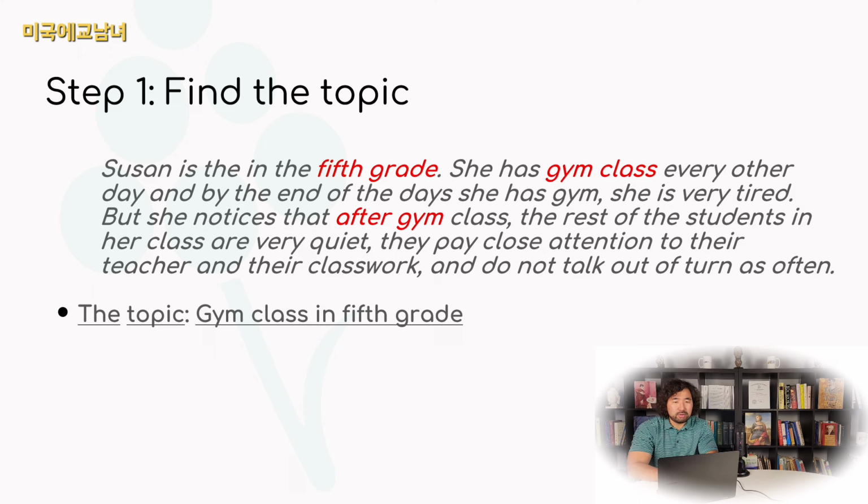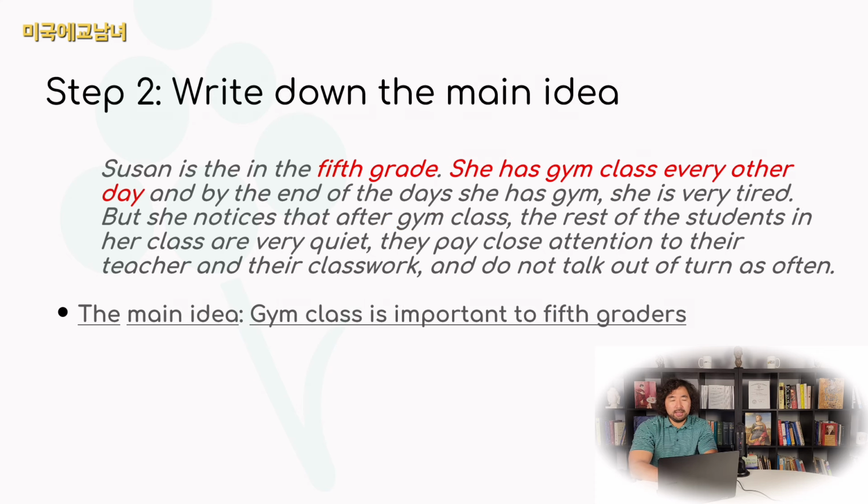Step 2, write down the main idea. 5th grade, she has gym class every other day. So this could be a main idea. The main idea is: gym class is important to 5th graders. Why? Because Susan has gym class every other day, which shows that it's not just a one-time thing, it happens over and over.